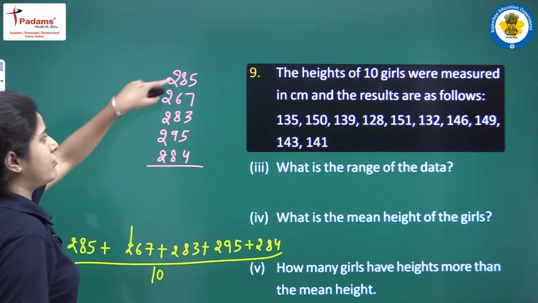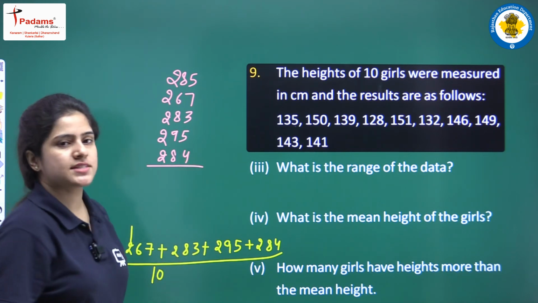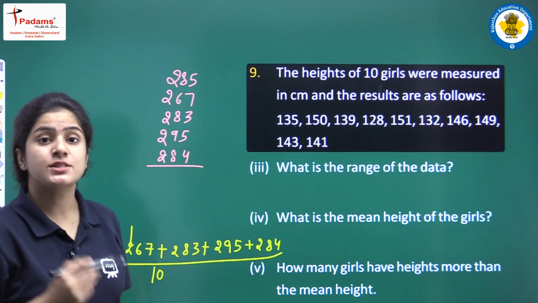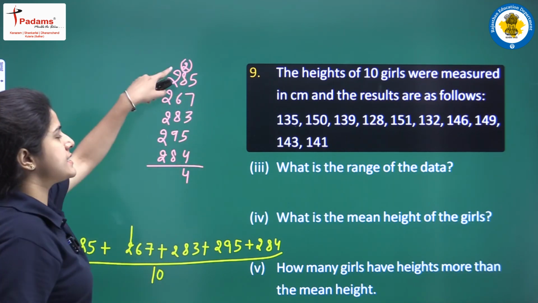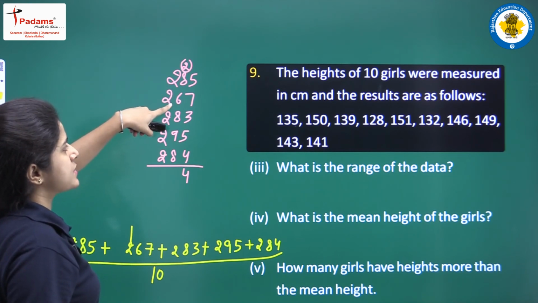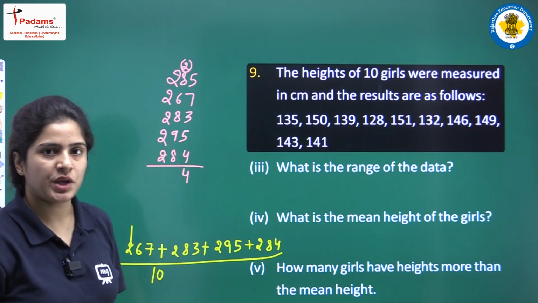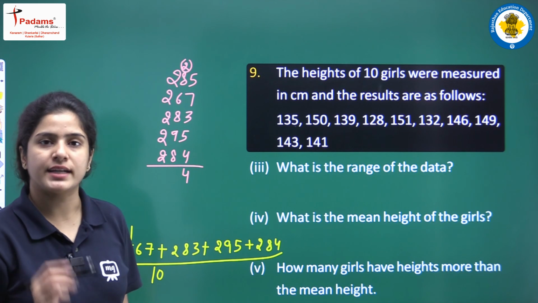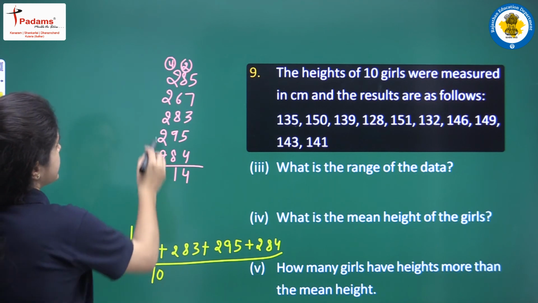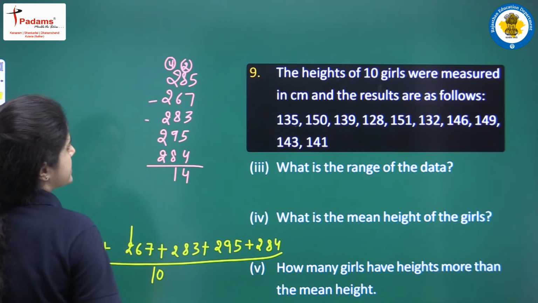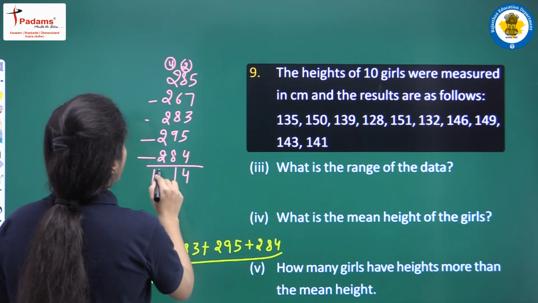5 plus 7 is equal to 12. 12 plus 3 is equal to 15. 15 plus 5 is equal to 20. 20 plus 4 is equal to 24. 2 plus 8 is equal to 10. 10 plus 6 is equal to 16. 16 plus 8 is equal to 24. 24 plus 9 is equal to 33. 33 plus 8 is equal to 41. 4 plus 2 is equal to 6. 6 plus 2 is 8. 8 plus 2 is 10. 10 plus 2 is 12. 12 plus 2 is 14.